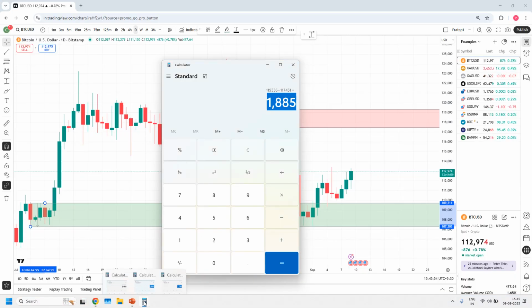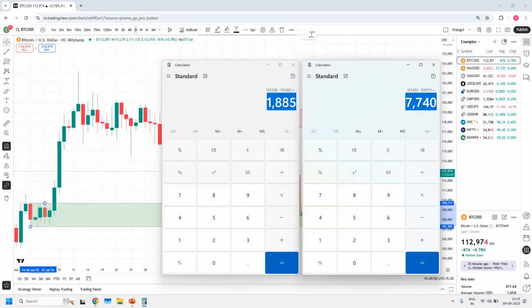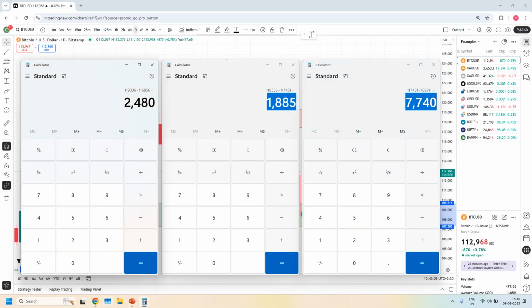Okay, this is our risk and this is our reward. Now I will calculate how much RR I would have got.